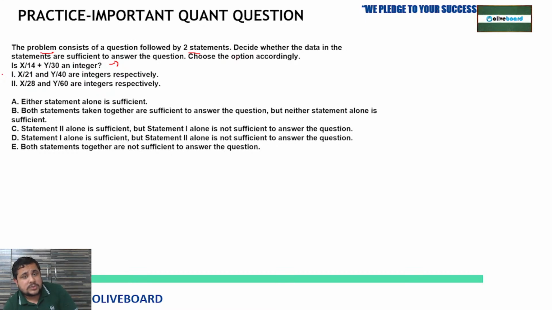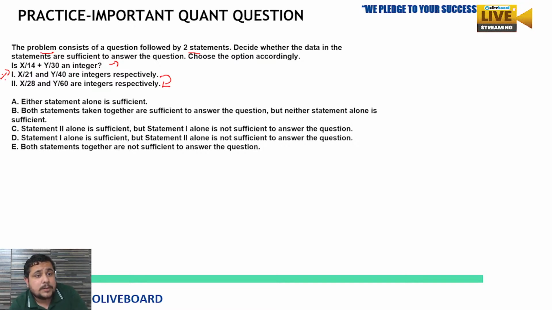That means their sum must be an integer. Now two statements are given, so we have to check with the help of these two statements whether we are able to say if it is an integer or not. We have to be confirmed whether it is or it is not.